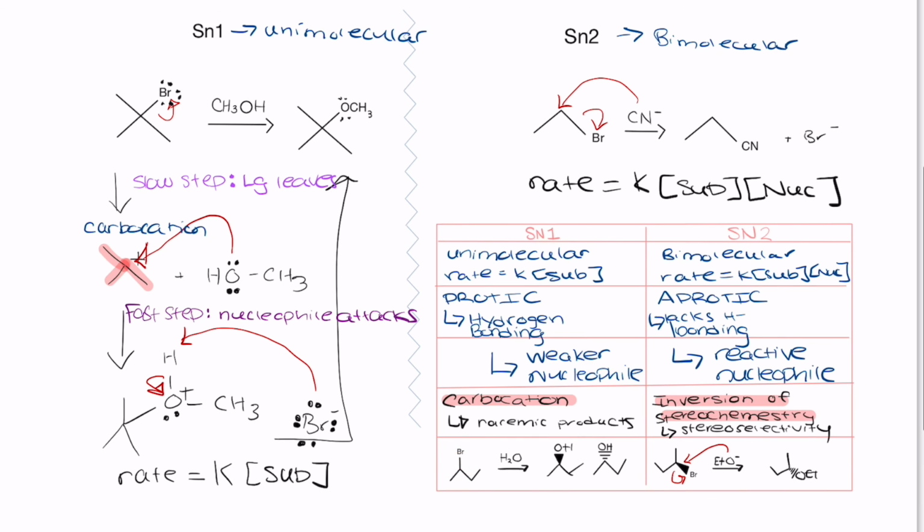We would form both of these products because of that carbocation intermediate that we have over here. It leaves the nucleophile the option of attacking from both sides. And so we would form what we call racemic products, meaning that both of these guys, which are enantiomers, would end up forming.